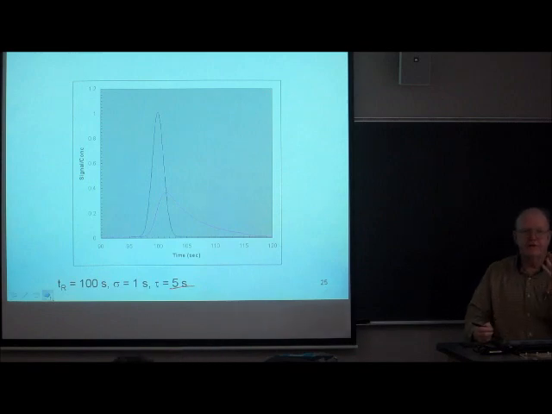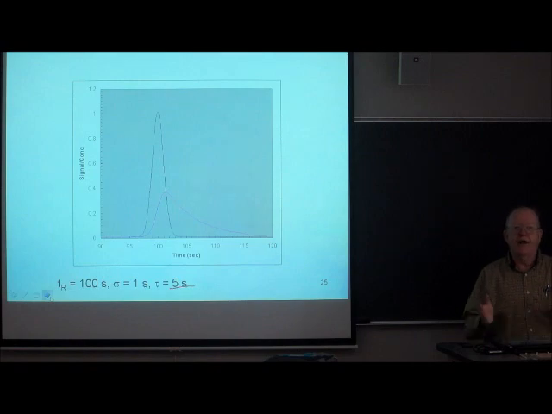Now, the question naturally arises is why, if I know that this is going to happen, why not make the time constant 0? And the answer to that question is that all real signals have noise. And all real signals require filtering them to reduce that noise, filtering them to a certain extent.